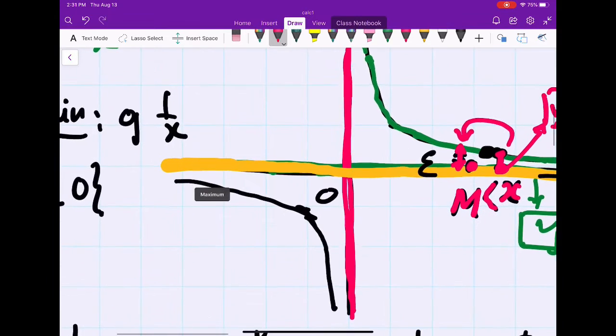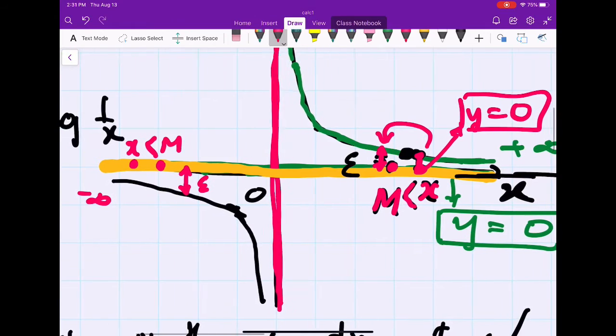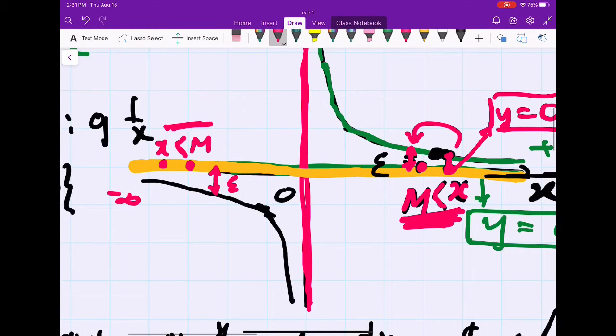So that is the meaning of limit at positive infinity. At negative infinity, you have almost the same situation. Look at this. You fix some epsilon in here, and you might always find some number m. But since you consider the limit at negative infinity, you find some m such that for any x less than m, in this picture x is bigger than m, but in this one x is less than m, because we consider the limit at negative infinity.